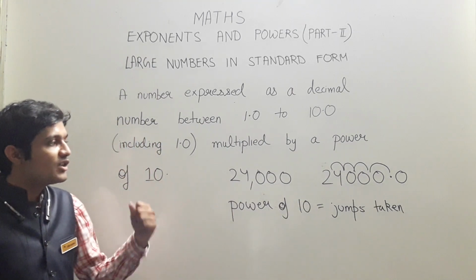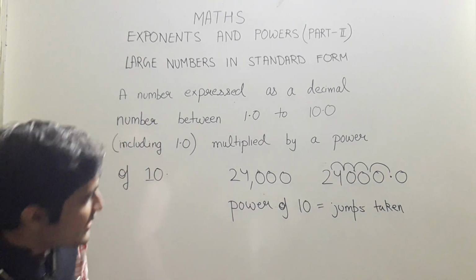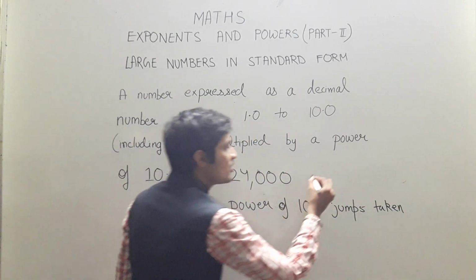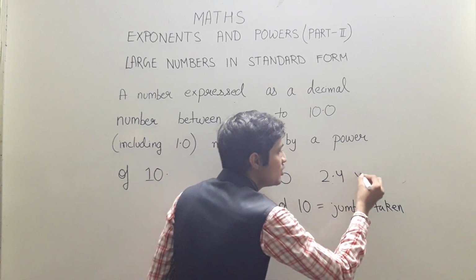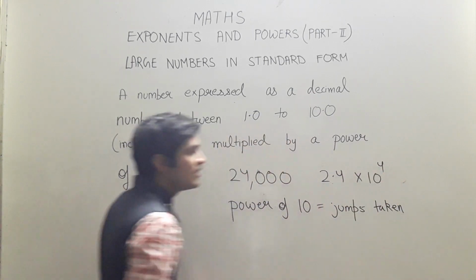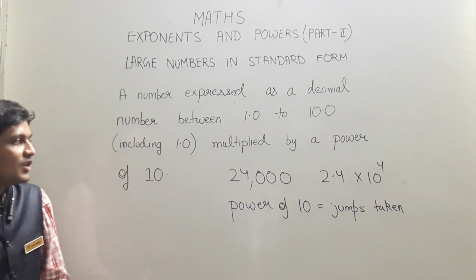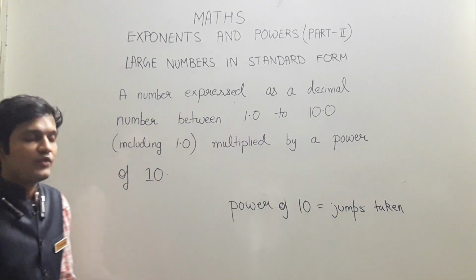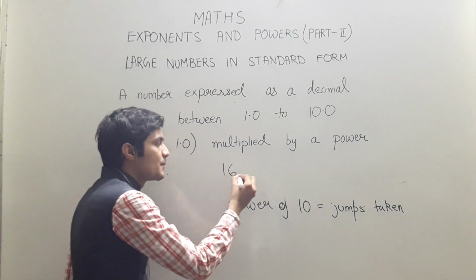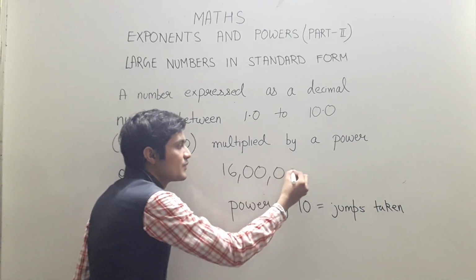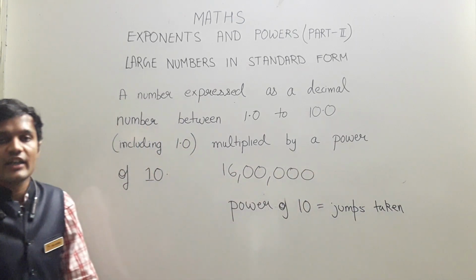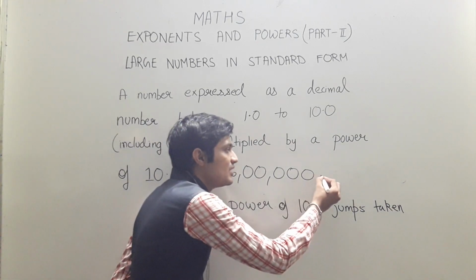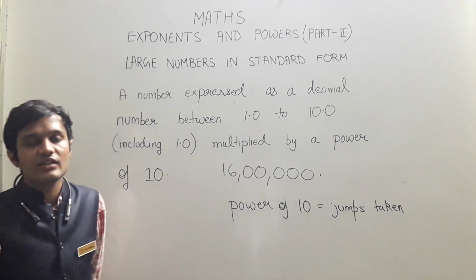So I can write 24,000 in standard form as 2.4 into 10 raised to the power 4. Okay. One more example of this type. Suppose we have to change this number into standard form. So again, presently where is the decimal? The decimal is at the last, after the number.